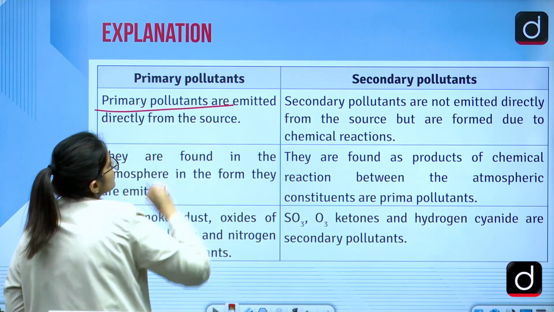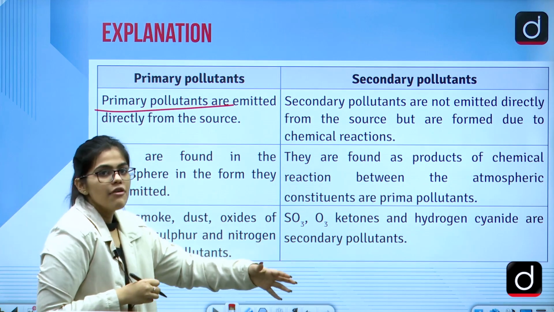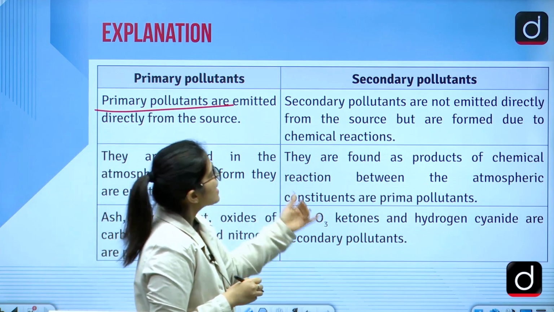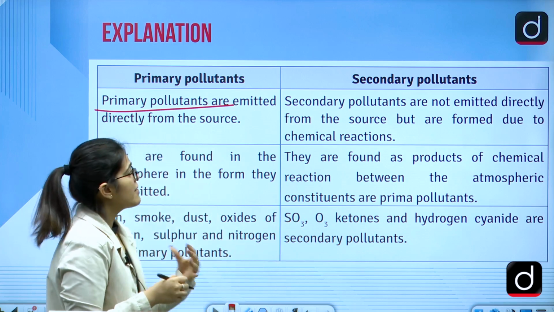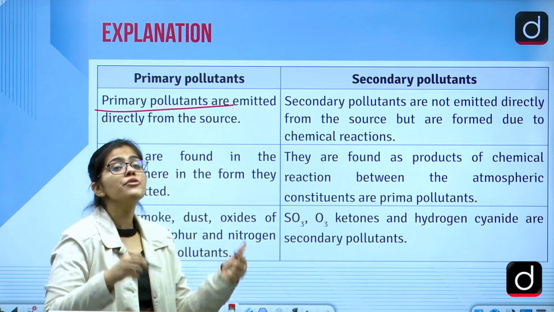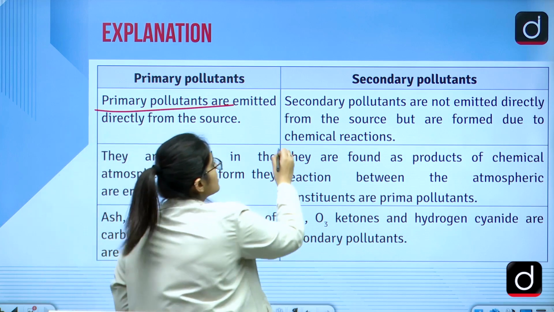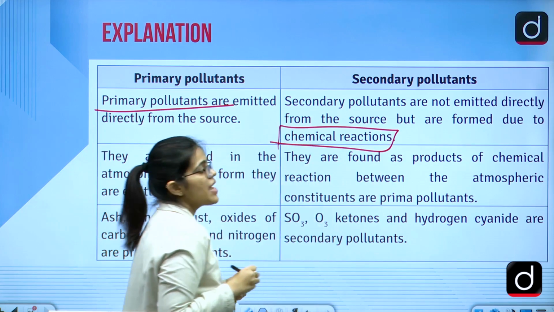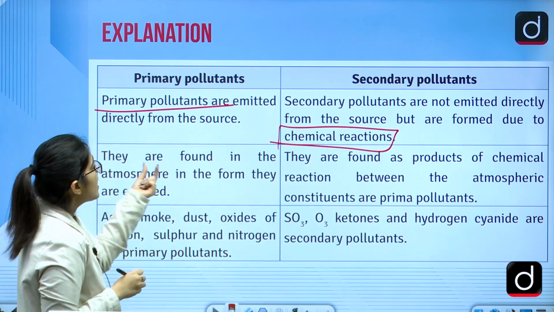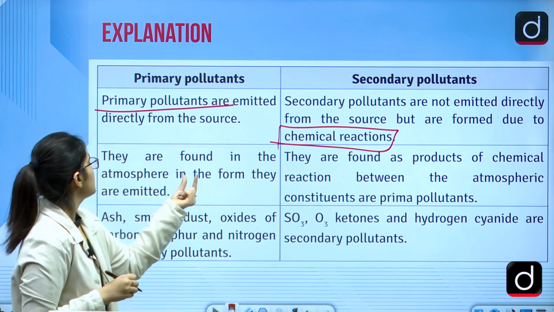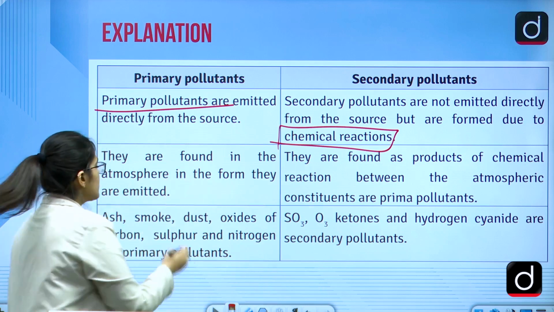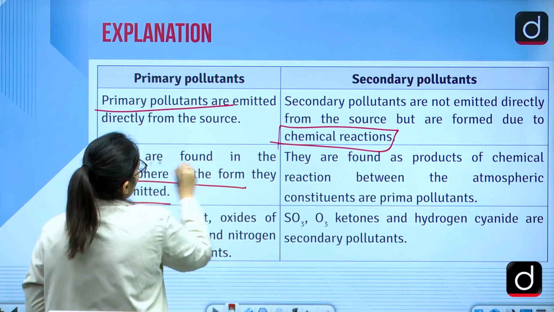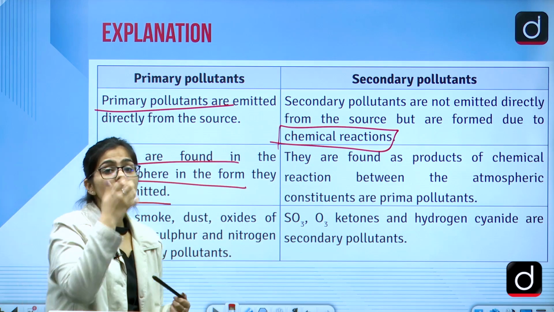Primary pollutants are emitted directly from the source, while secondary pollutants are not emitted directly from the source but are formed due to chemical reactions. They are not found in the atmosphere in the form they are emitted. Primary pollutants are directly emitted and are the direct source of pollution.